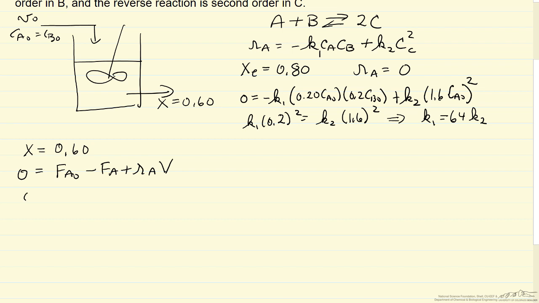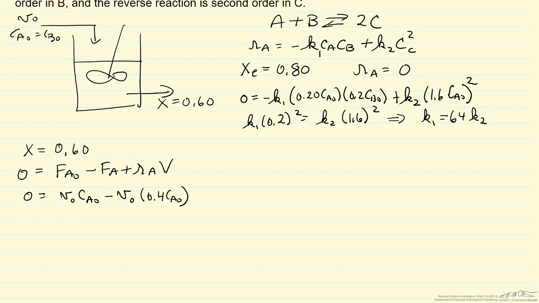And now the molar flow rate is the volumetric flow rate, which is constant, times the concentration coming in, CA0. The volumetric flow rate's the same leaving. If we're at 60% conversion, then the concentration of A leaving is 40%.